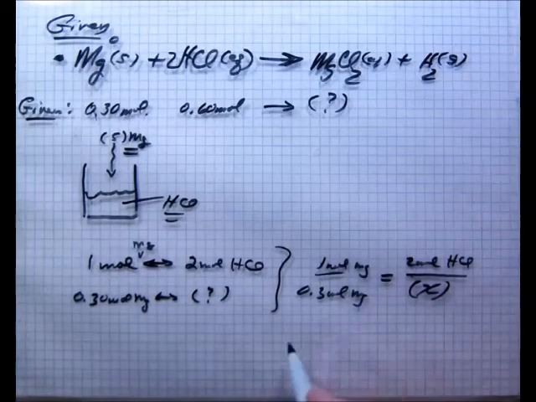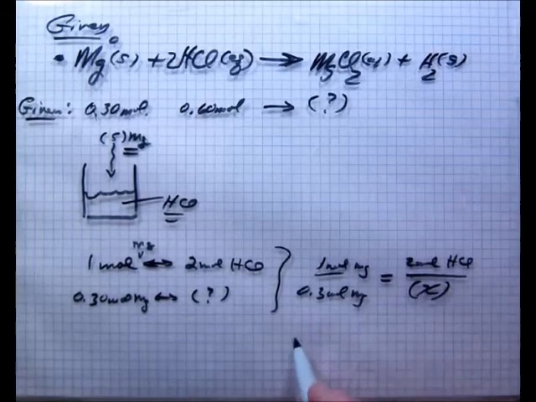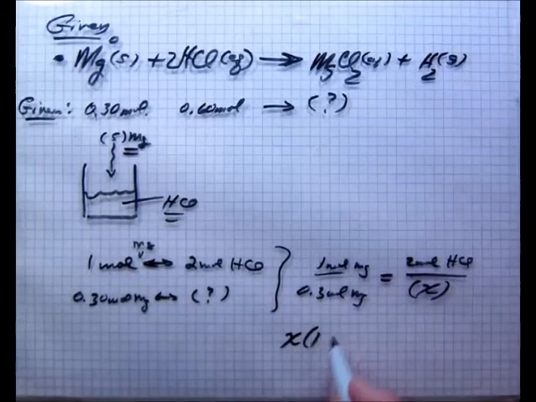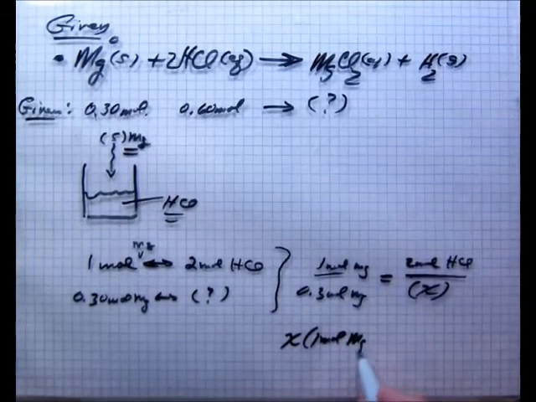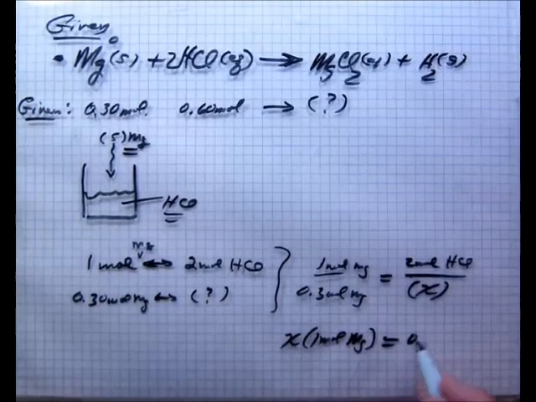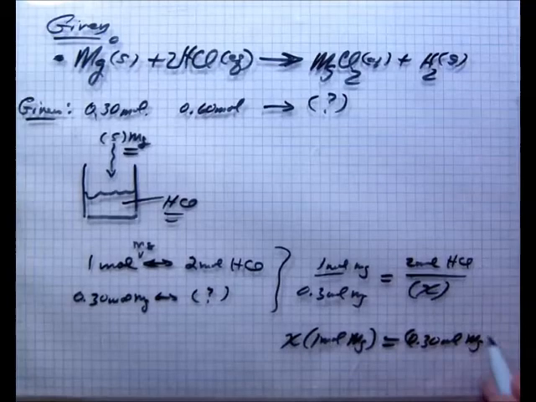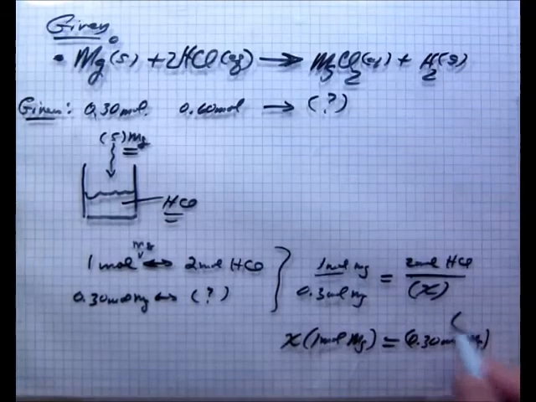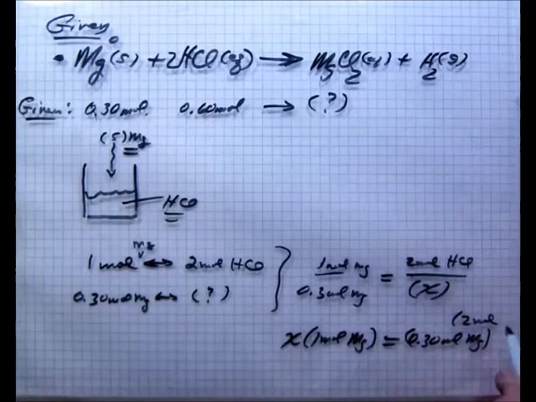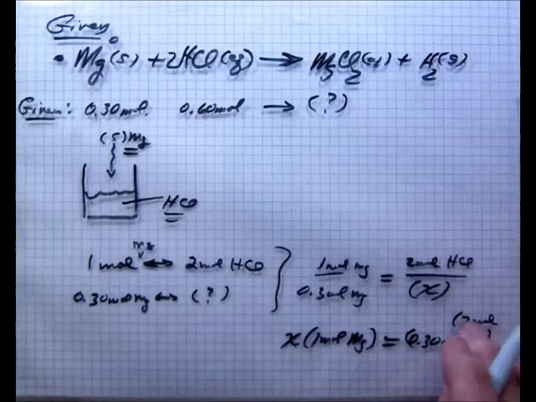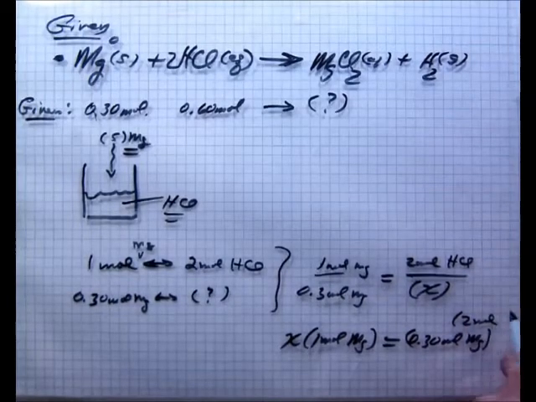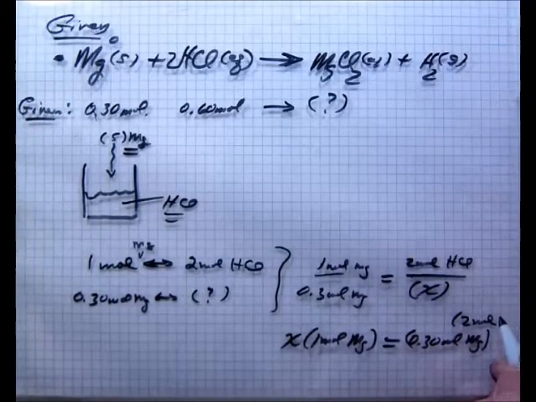And so cross multiply and solve for X. X times 1 mole magnesium is equal to 0.30 mole magnesium times 2 moles, 0.6, 2 moles, that's right, 2 moles of HCl.